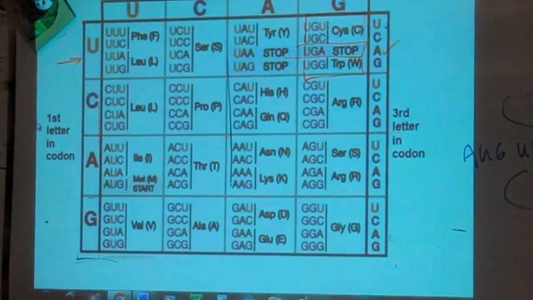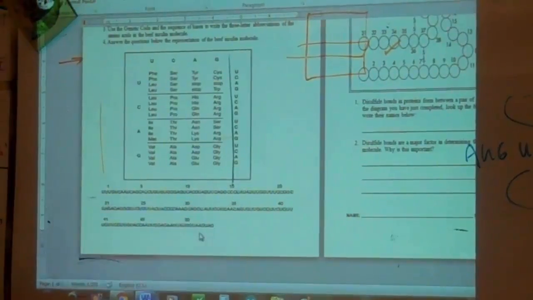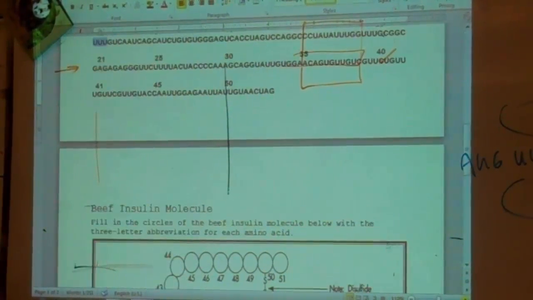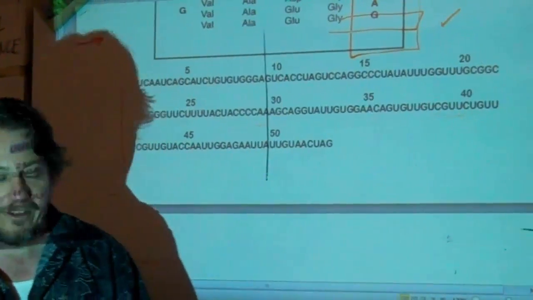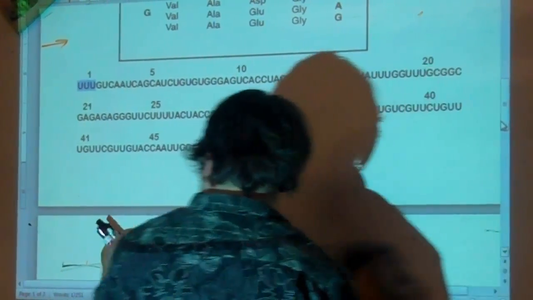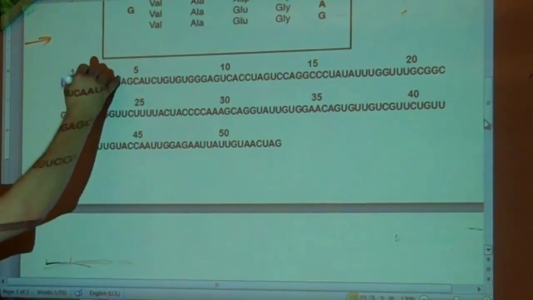is, let's have the camera on the word again for a second. Okay. This is all the amino acids in the beef insulin molecule. In other words, the insulin molecule that cows have in their body. And what I recommend that you do, you're going to group them off 3 at a time, because otherwise you're going to confuse yourselves.